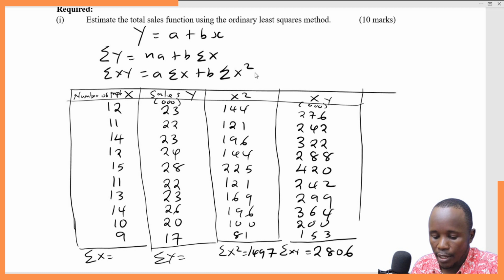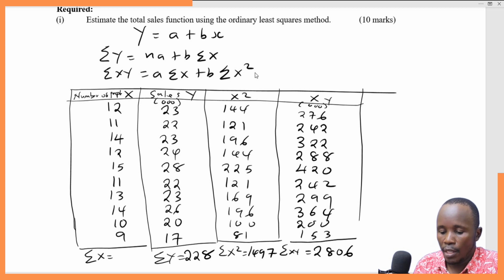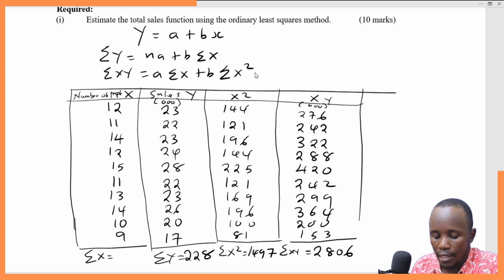Sum of y, 23 plus 22 plus 23 plus 24 plus 28 plus 22 plus 23 plus 26 plus 37, is 228. Sum of x, 12 plus 11 plus 14 plus 12 plus 15 plus 11 plus 13 plus 14 plus 10 plus 9, gives you 121.